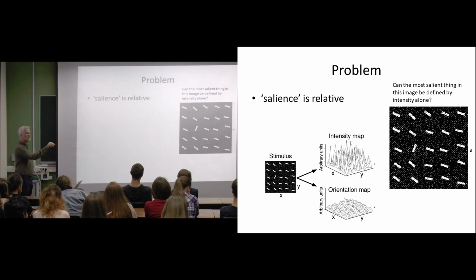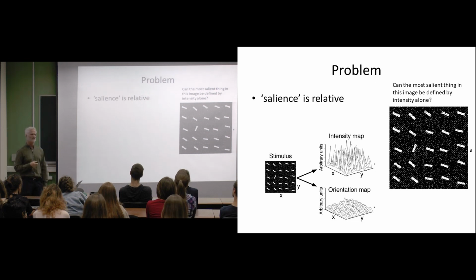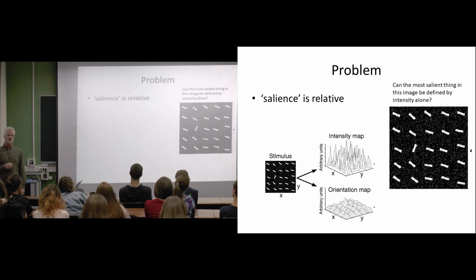So even though this hasn't changed at all, the visual input is exactly the same, suddenly something else is more salient. So salience is relative. We can't use an absolute merging or mushing together because it depends on what is around it and what's in the other channels.